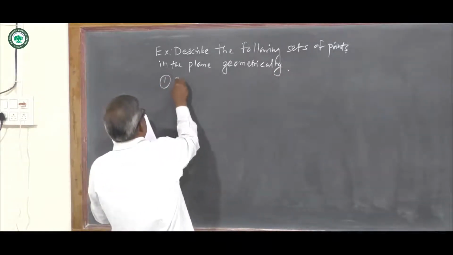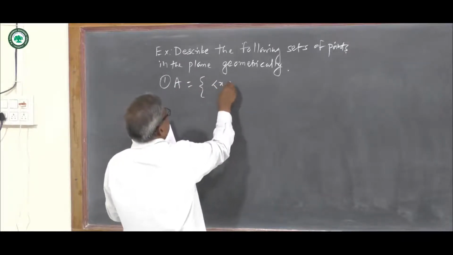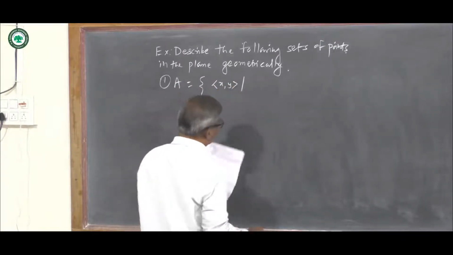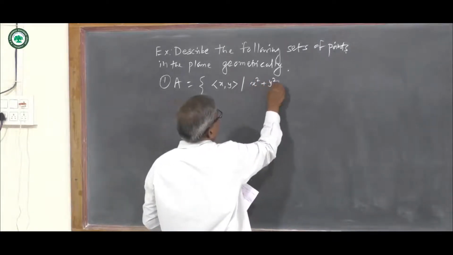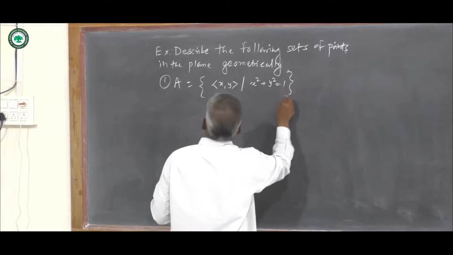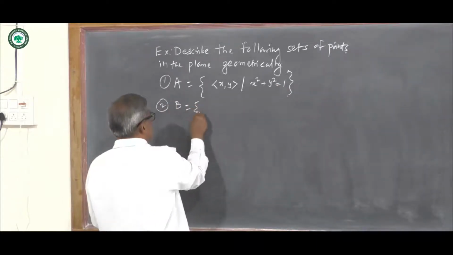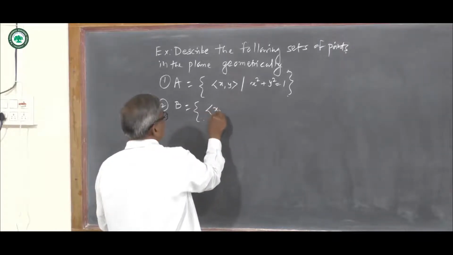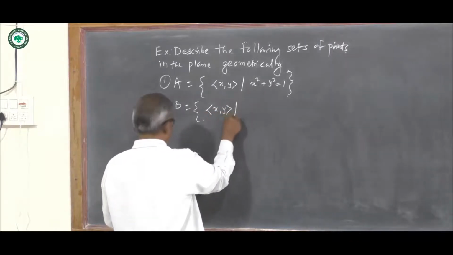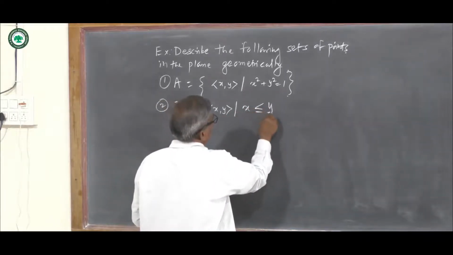Number 1, capital A is the set of all (x, y) such that x square plus y square is equal to 1. Second one, capital B is the set of all ordered pairs (x, y) such that x is less than or equal to y.